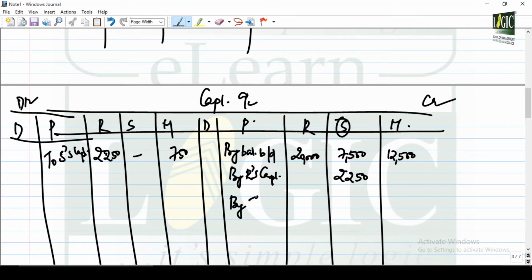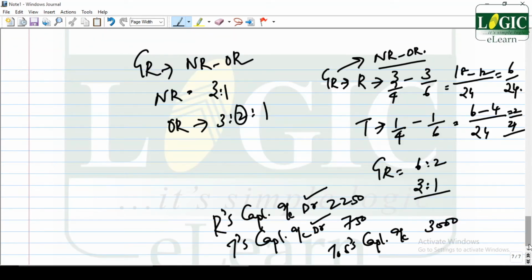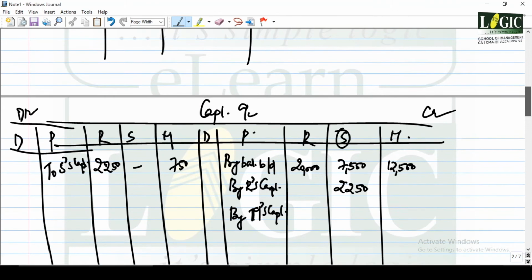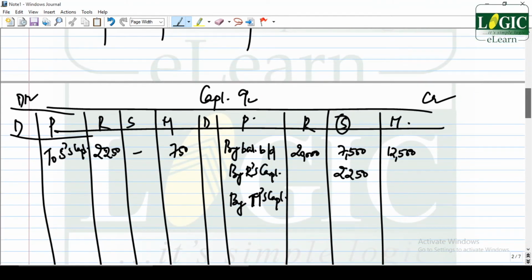By T's capital, the retiring man is S. So by R's capital, by T's capital 750. So the credit is 3000. This is how you will have to post.